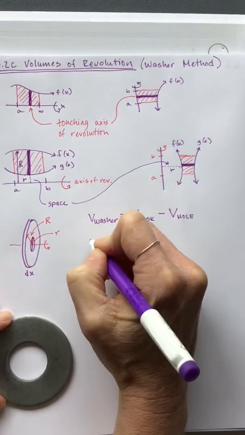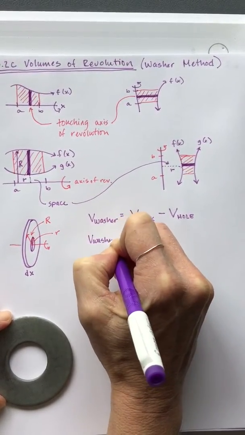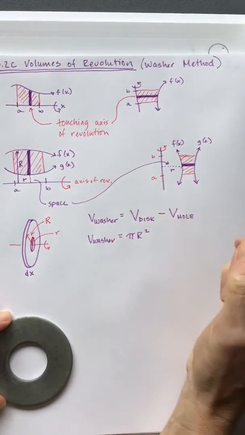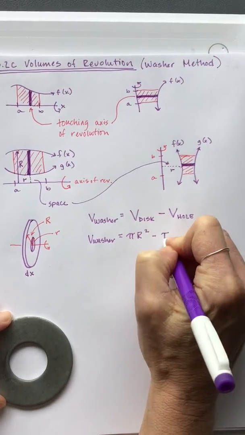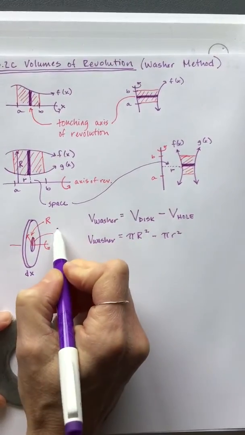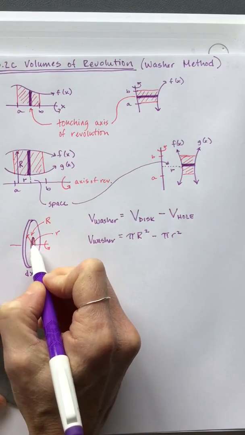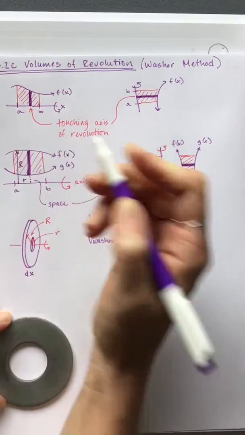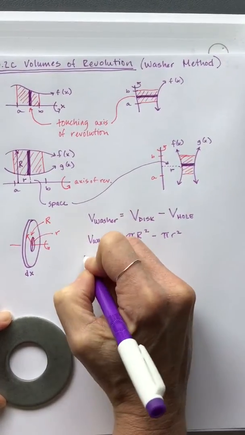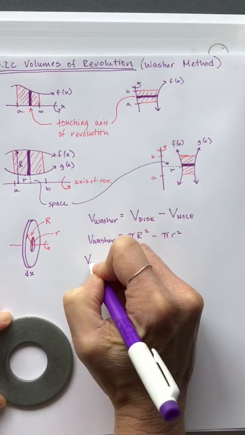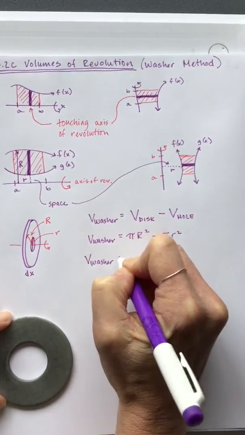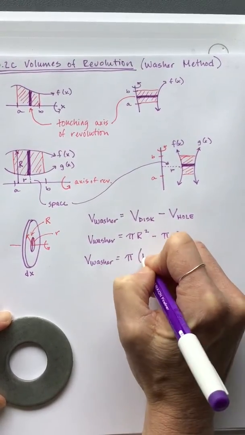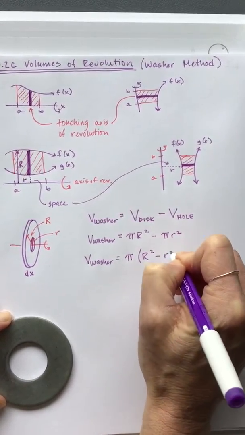So volume of the washer: we already know volume of disc is pi r squared, and the volume of the hole will be pi little r squared, because little r is for the space, and big R is for that whole distance from here up to here. So what they do in the textbooks, they factor out that common factor, which is pi, and you'll see it this way: pi times big R squared minus little r squared.